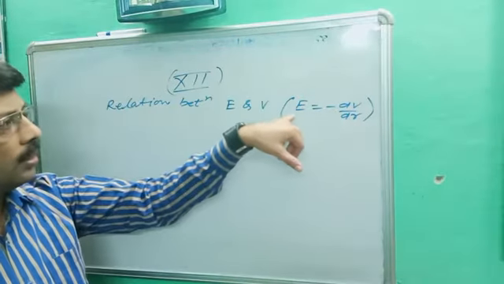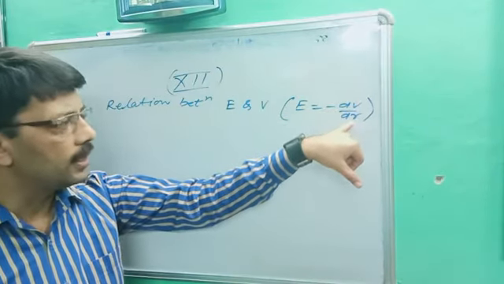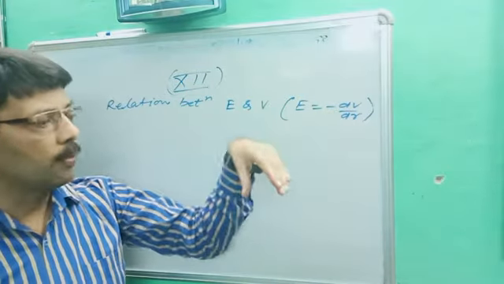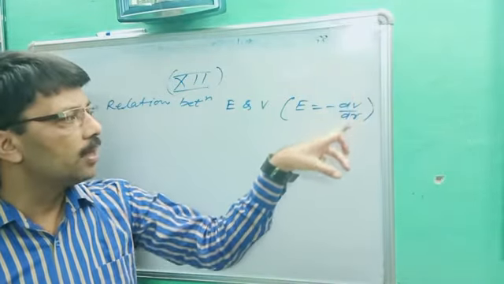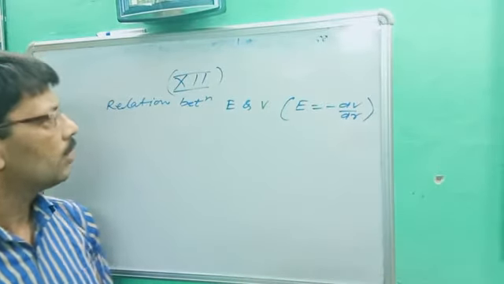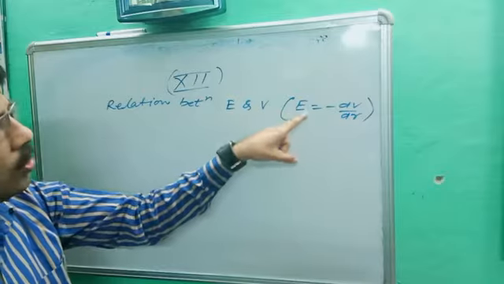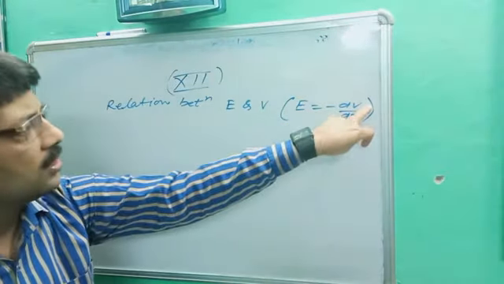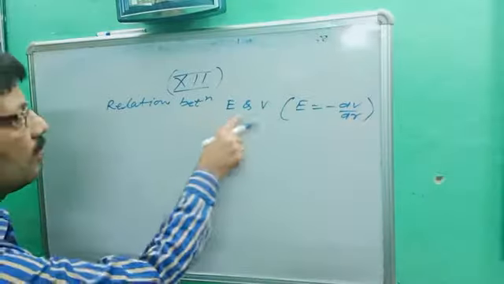Note down the formula. It is like V upon R, but the minus sign shows the potential gradient. dV upon dr is also known as the potential gradient. Note down all points. So our aim is E is equal to minus dV upon dr. This is the electric field and this is the potential, and this is the relation between electric field and potential.